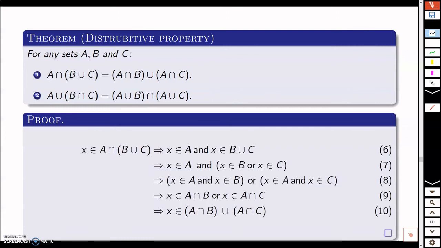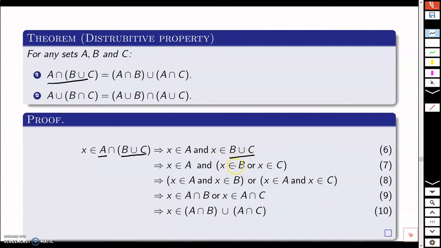So let X belong to the first side, A intersection (B union C). So I'll take a point X in A intersection (B union C). That means X is there in A and it is there in B union C as well, because I'm having intersection in between. So this implies X is there in A and X is there in B union C. Now X is there in B union C, what can you say from this?